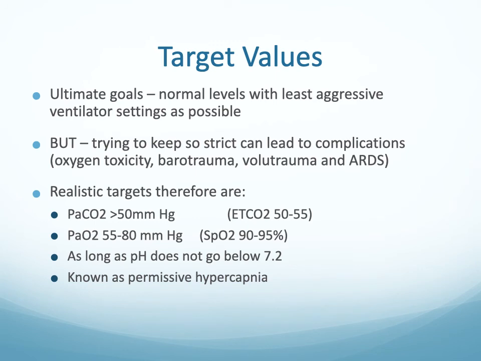So realistic targets would be having a partial pressure of carbon dioxide above 50 is okay. Your end tidal carbon dioxide between 50 and 55, remembering that your end tidal carbon dioxide is about 3 to 5 above what's in the blood, and your partial pressure of oxygen, keeping that at 55 to 80, which is an SpO2 of 90 to 95%.